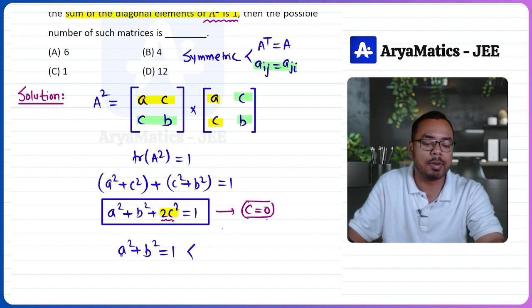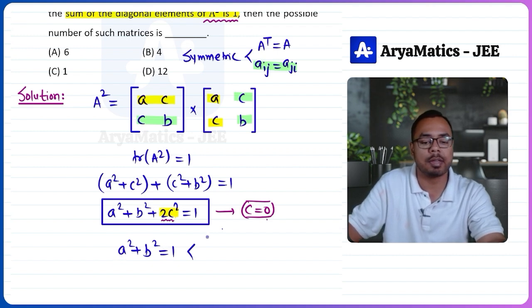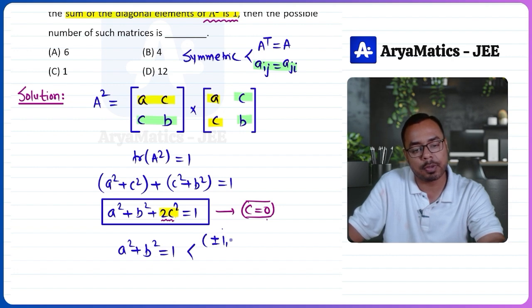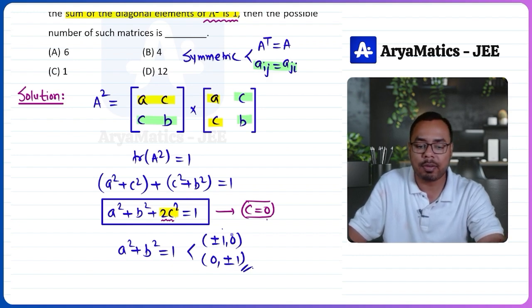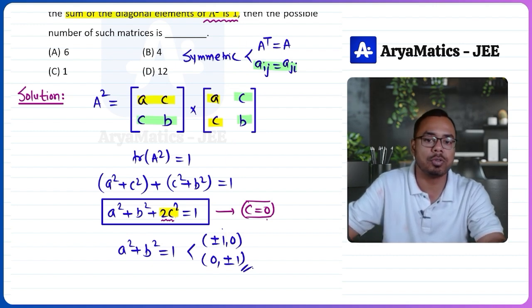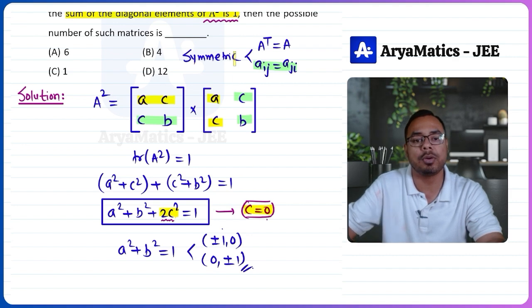Now what are the different integral solutions of this equation? So one possibility is that you can take a as plus minus 1 and you can take b as 0, or another possibility is that you can take a as 0 and b as plus minus 1. In fact, four possibilities, plus minus 1 and 0. In all of those matrices, the value of c will be 0.